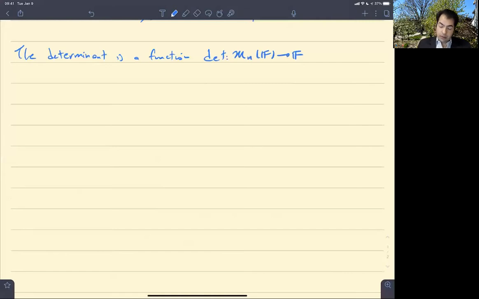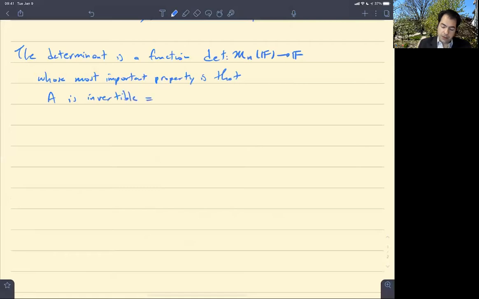And the most important property is that it tells us when a matrix is invertible. Right? So a matrix A is invertible if and only if its determinant is not 0.